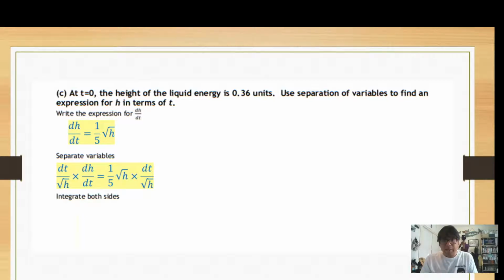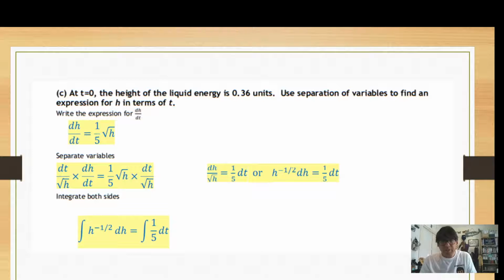So dh over root h is equal to 1/5 dt. I like to keep that constant with the independent variable as much as possible. To help us take the antiderivative, we change that to h to the negative 1/2 power dh. And now we just have to integrate.